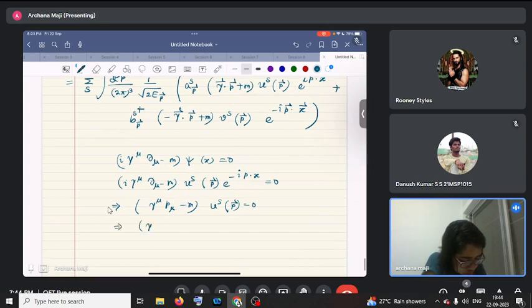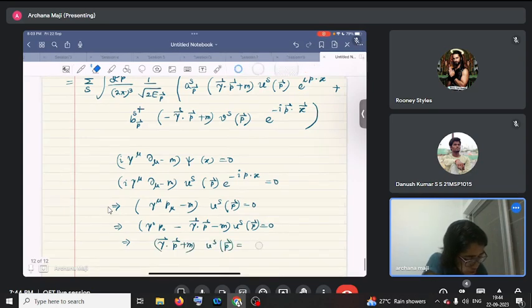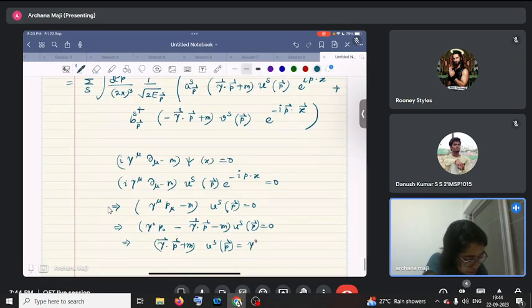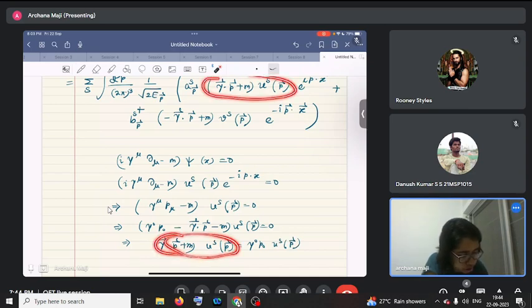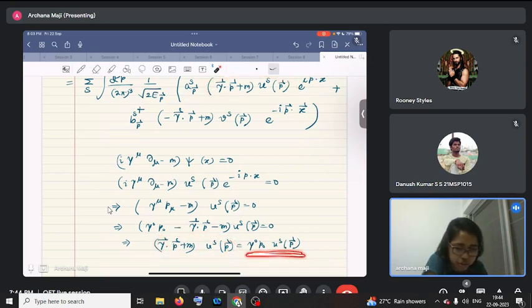So this is gamma 0 p0 minus gamma dot p minus m. So what do we get? Gamma dot p plus m acting on the Dirac spinor is gamma 0 p0 acting on the spinor. So we can use this over here to replace that by gamma 0 p0 u_p.